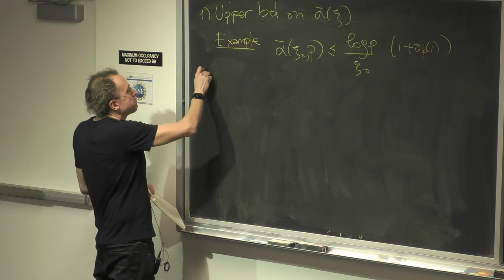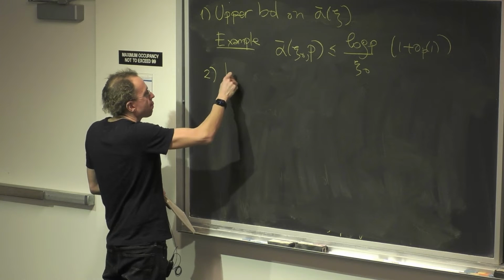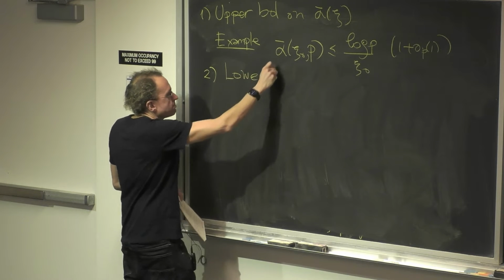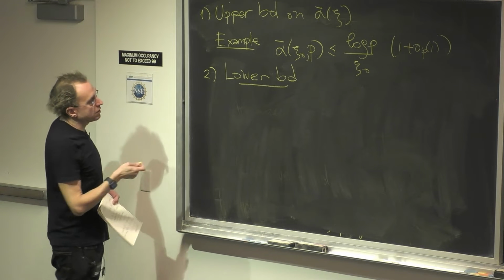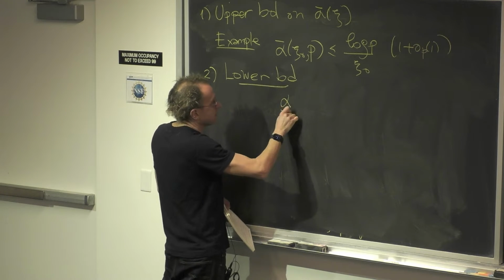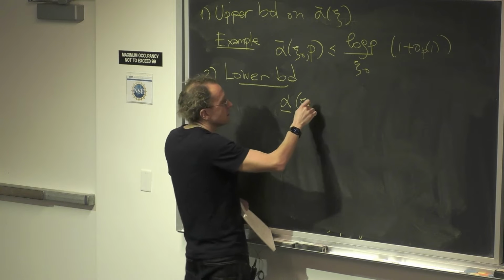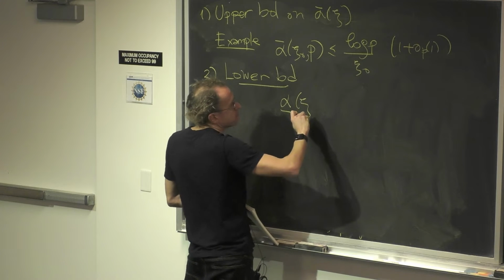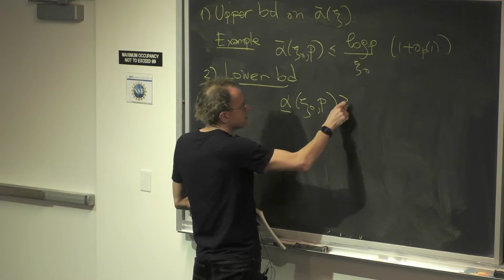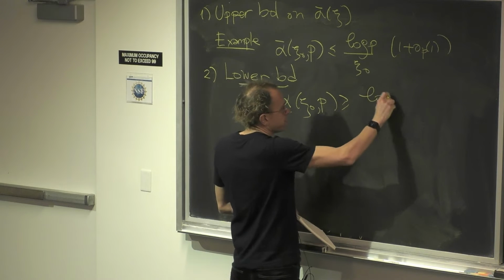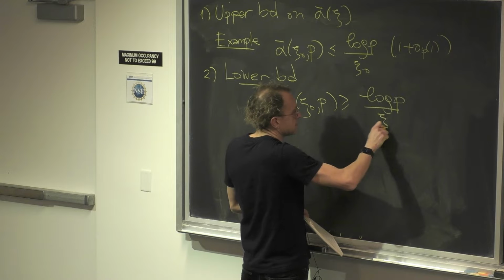And the lower bound, always in the example, for large p is also basically log p over xi 0.